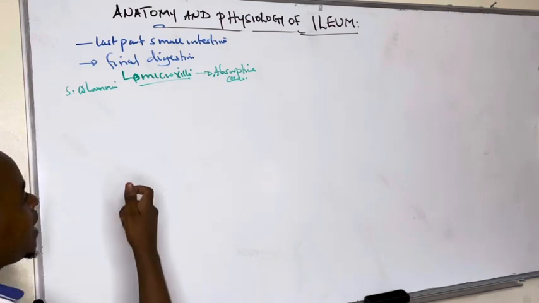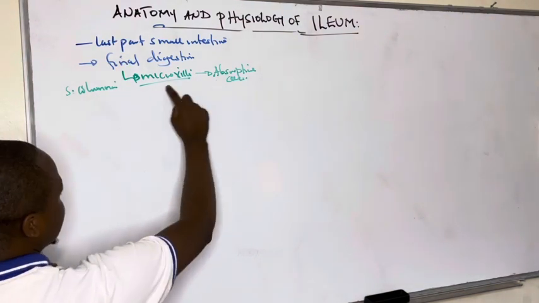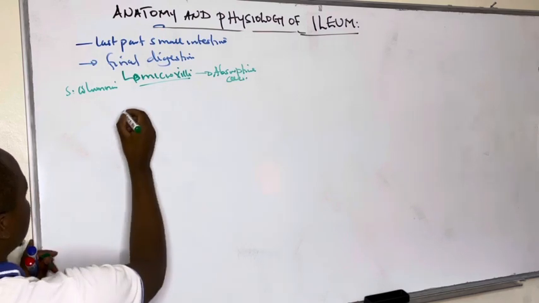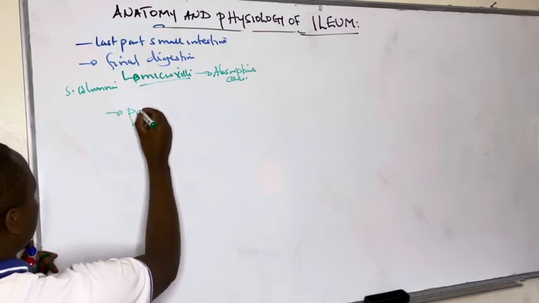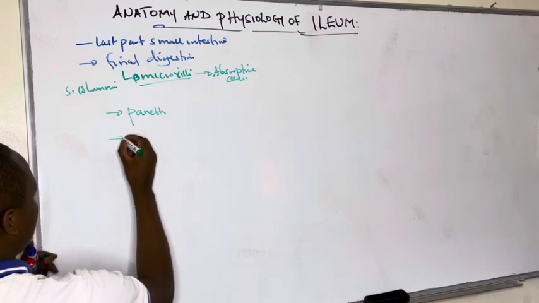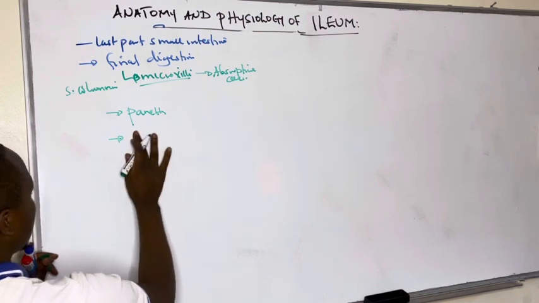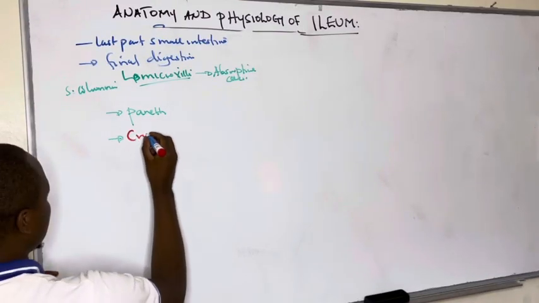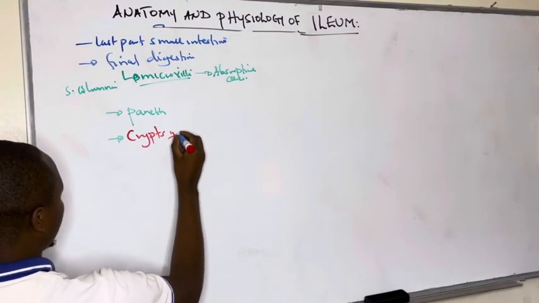So the mucosa layer, apart from having these absorptive cells which are called the villus, has other cells known as the Paneth cells. It also has other cells known as the crypts of Lieberkühn.